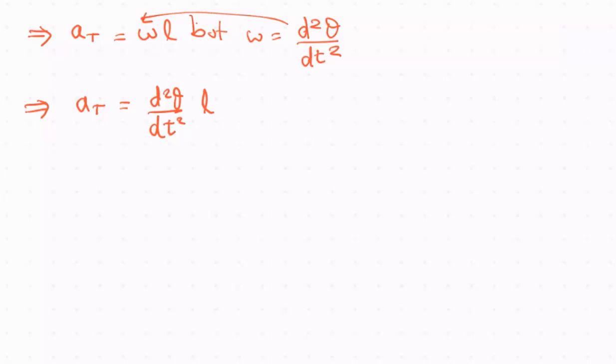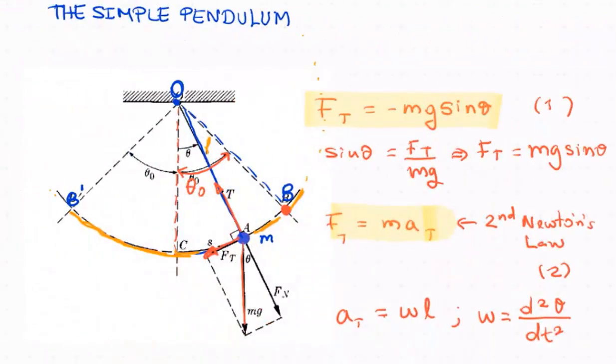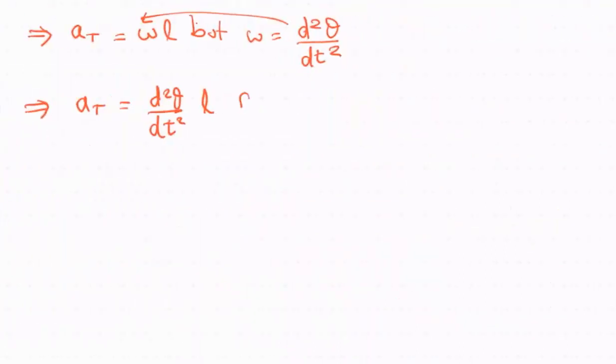But we know, let's see equation number 2. Force equals mass multiplying the acceleration, right? From equation number 2, we have that the tangential force is equal to the mass multiplying the tangential acceleration.